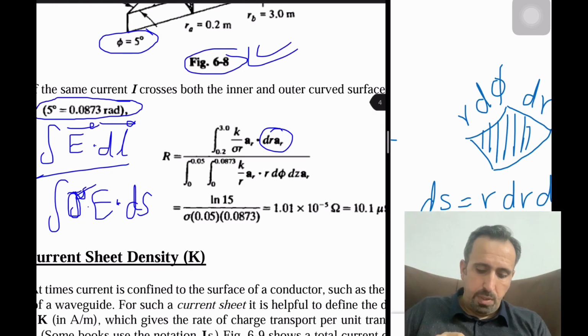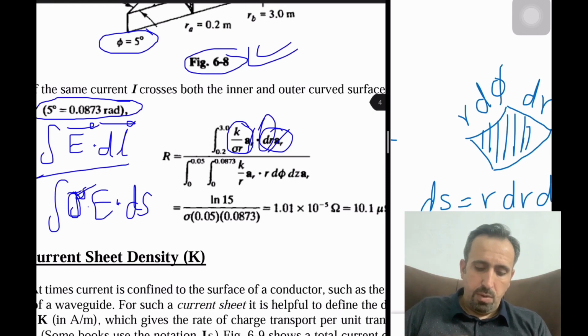Now the dot product will be taken between this one and the electric field concluded from J, which is given to us in the example. And for the limit of integration, after performing the dot product, a_r will go with a_r. Just think about dr here.